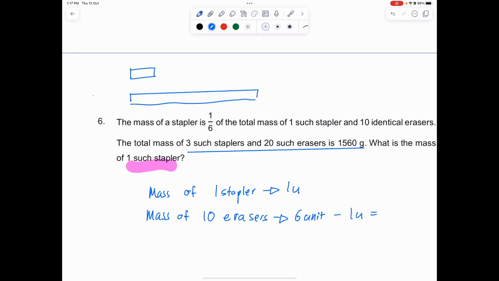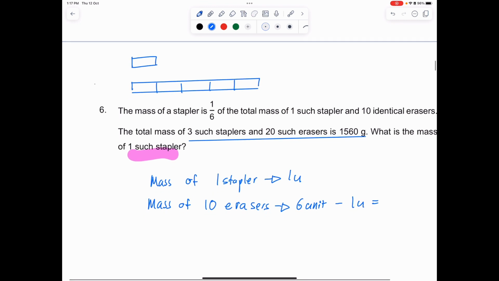Then the other ones need to be 2, 3, 4, 5. This has to be my 10 erasers, and then this is my stapler.